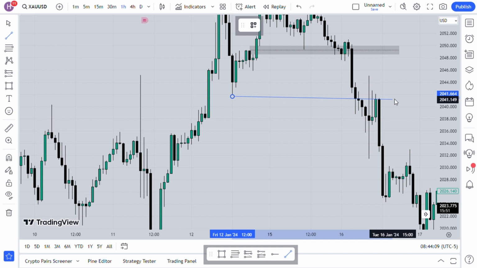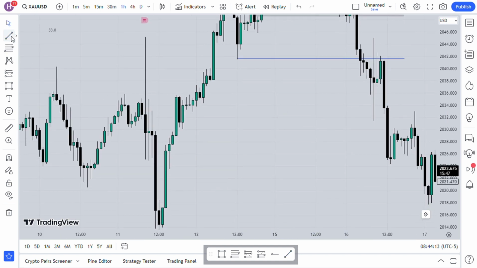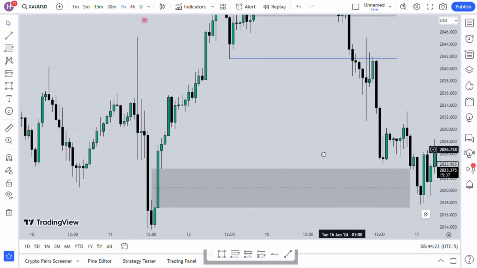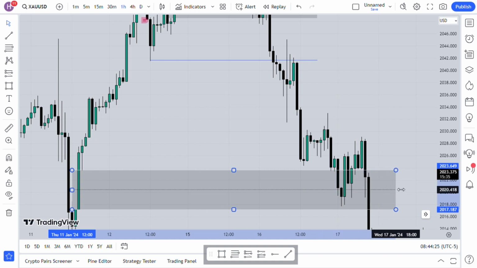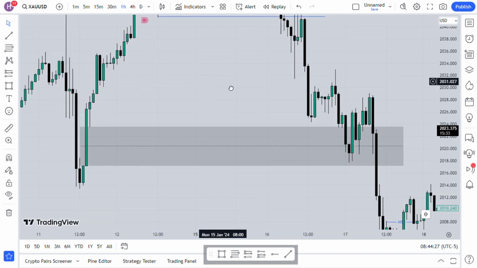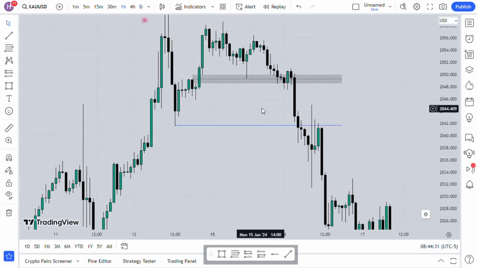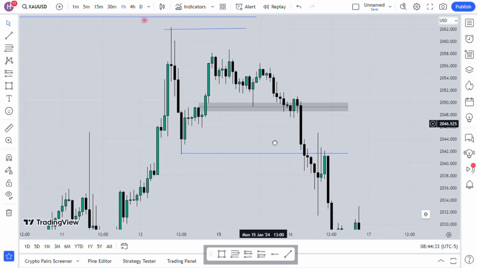This is how I usually look at the market every day. I am going to take a trade, and the possibility of it reaching this fair value gap too is high during the week. So there are my 2 points of liquidity which I will be focusing on going into the week of trading after this low was taken out.